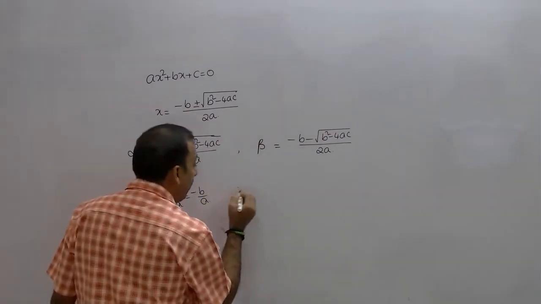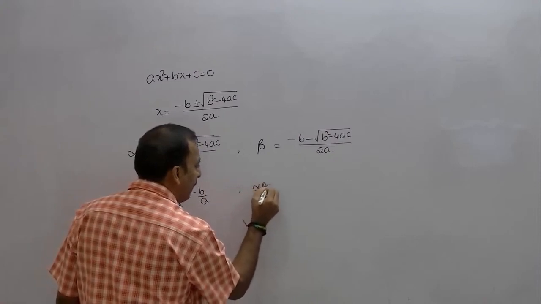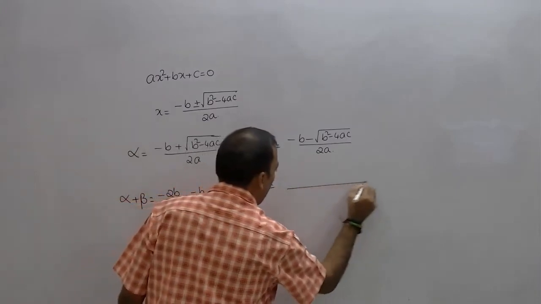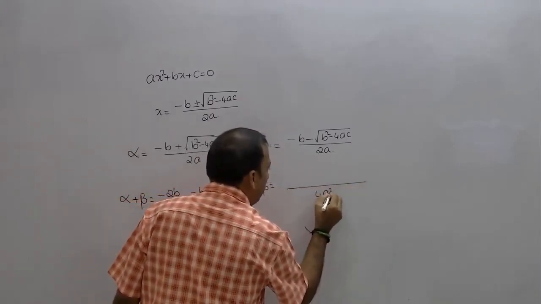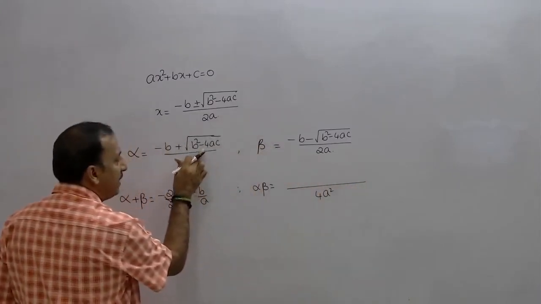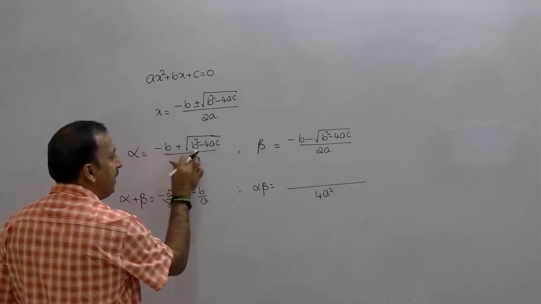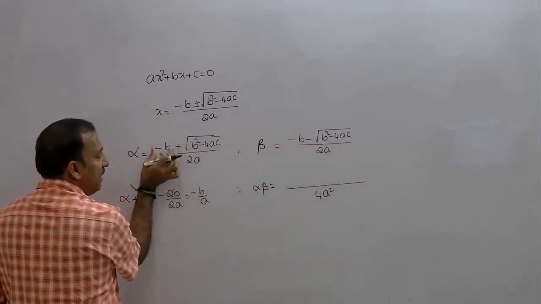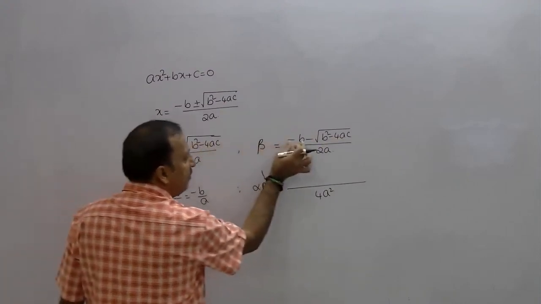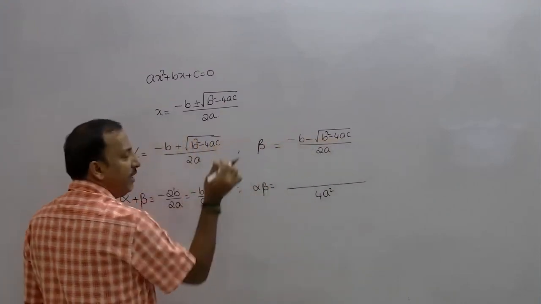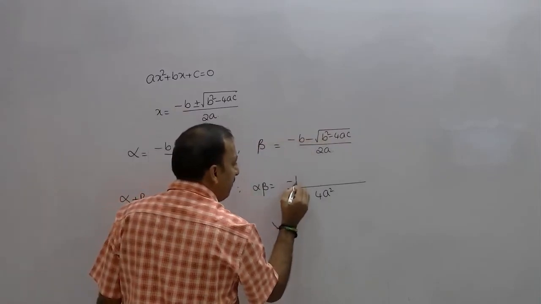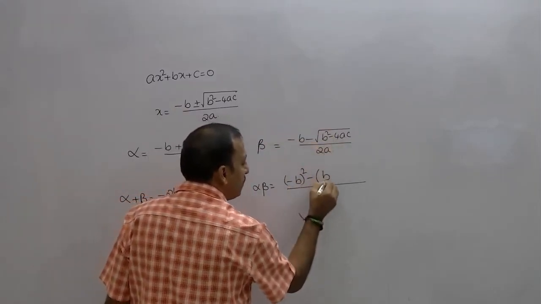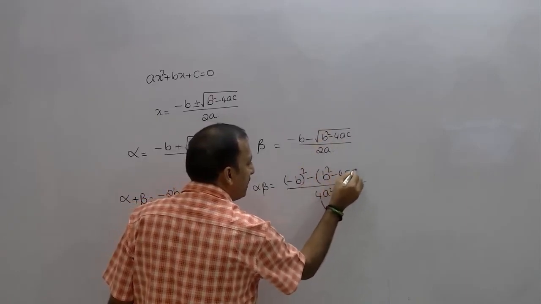And what is the product of the roots of the equation? Alpha into beta. If you multiply, the denominator becomes 4a square. The numerator is in the form of a plus b into a minus b. Here a means minus b, so this plus this into this minus this: a square, which is minus b whole square, minus b square, which is b square minus 4ac.